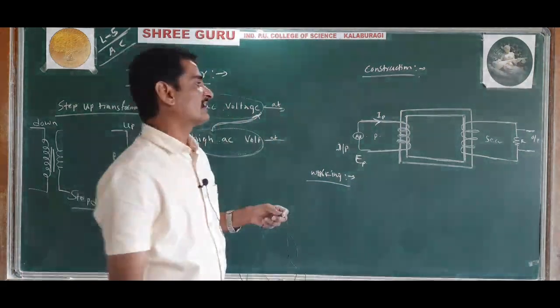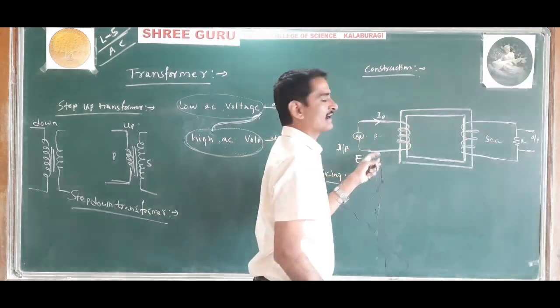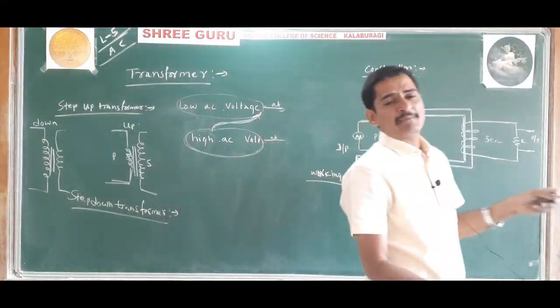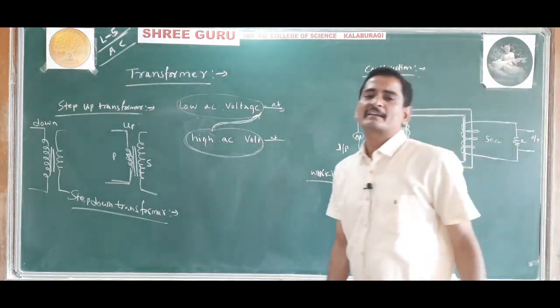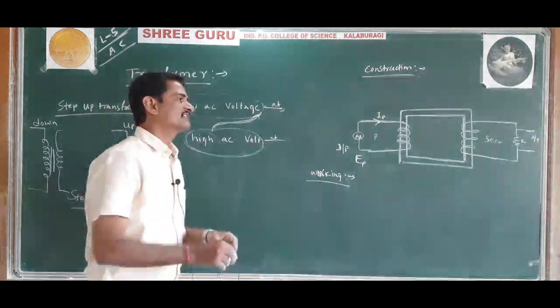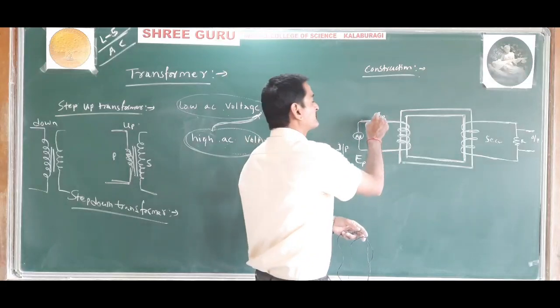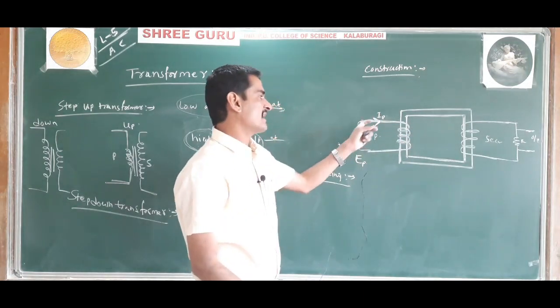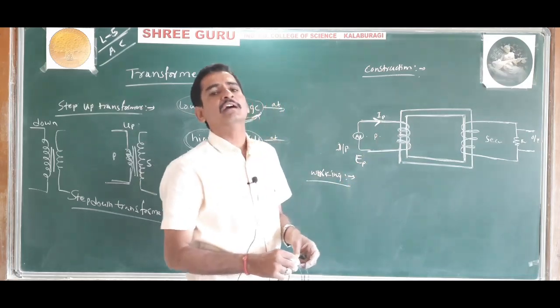Due to this alternating current, the magnetic field linked with the primary coil changes. That is, there will be a changing magnetic flux linked with the coils.